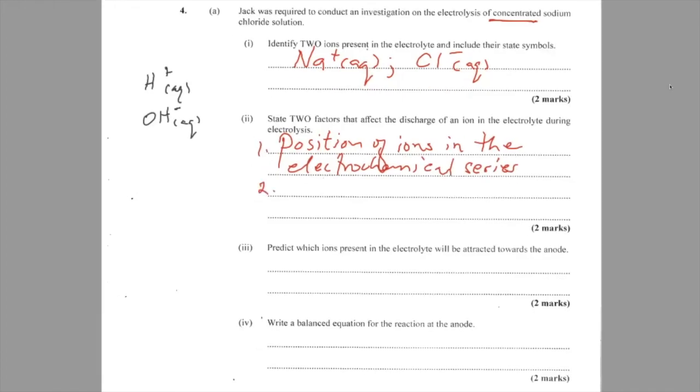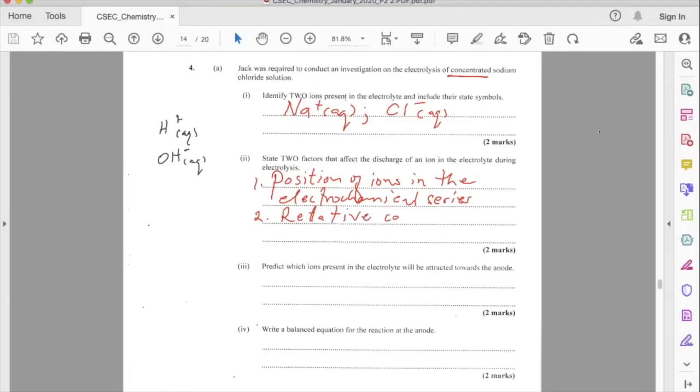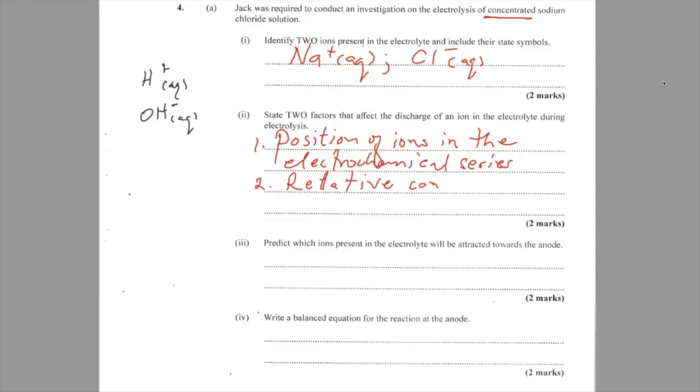We have relative concentration, and this is for halides, electrolytes containing halide ions. And we're only going to give two. We can state the other one, the nature of the electrode used.